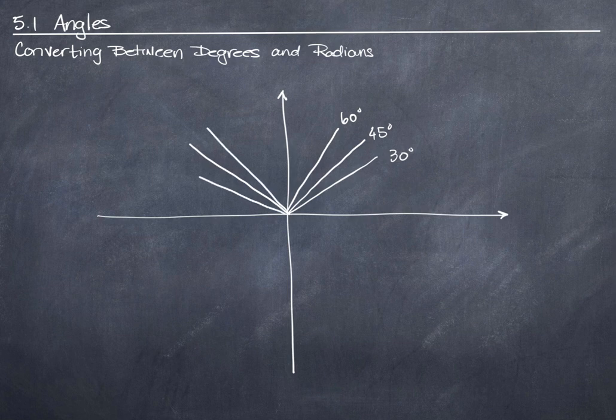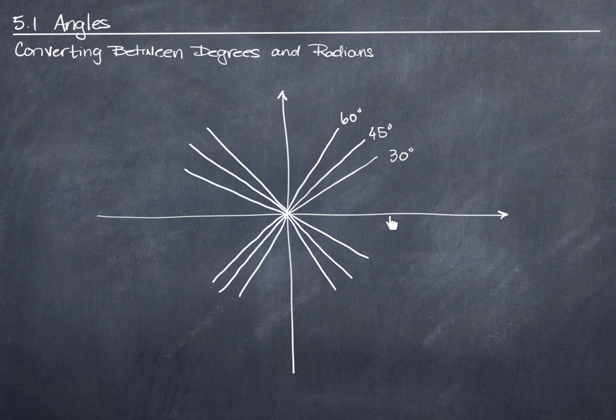We'll come back to talking more about these later, but there are 3 important angles in each quadrant. From a starting point of the positive x-axis, you go 30, 45, and 60 degrees, and then you get to this one. This is 90.